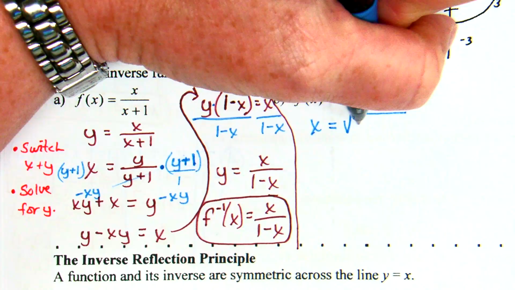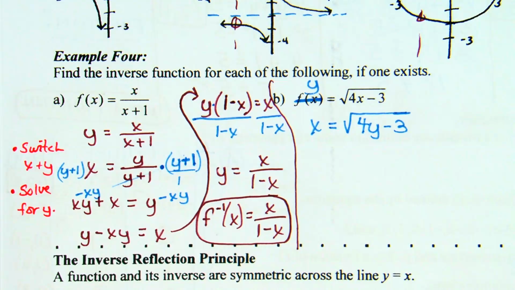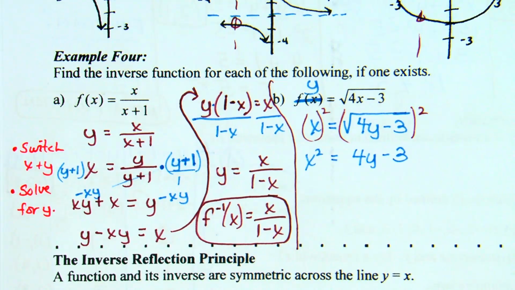To get rid of that square root, we need to square both sides. And we can, because it's an equation and there's a left and a right, we can square both sides. x to the second just becomes x squared. What happens when we square that square root? Gets rid of it, and we have 4y minus 3.